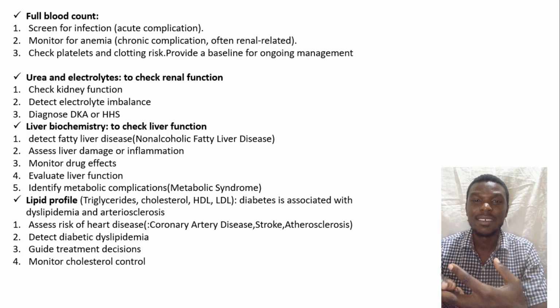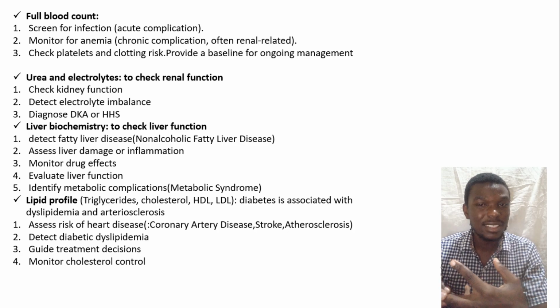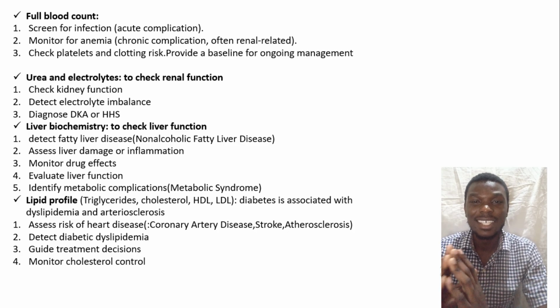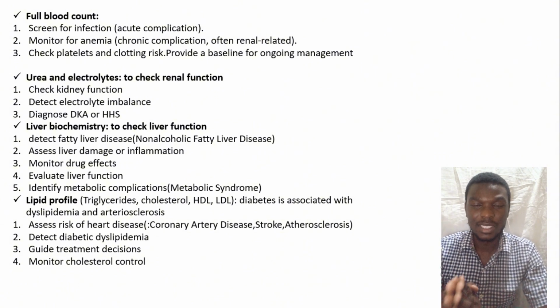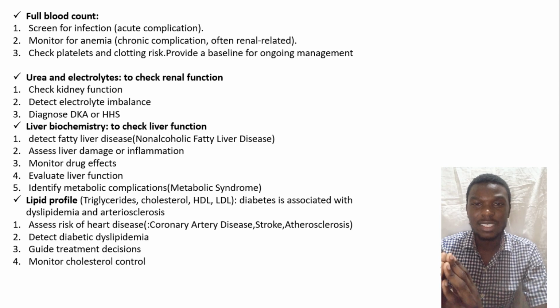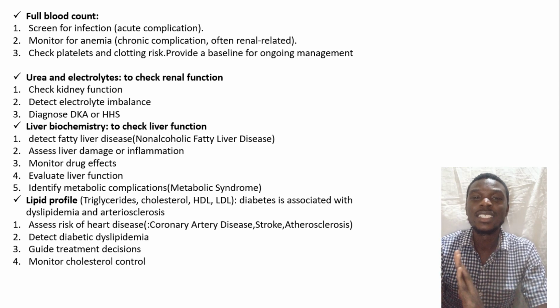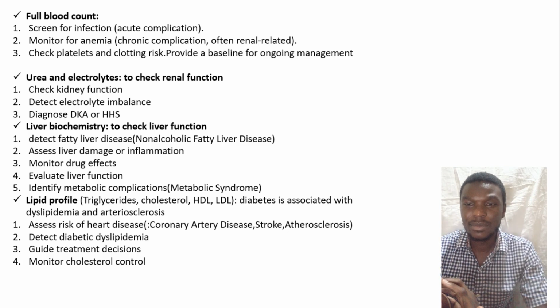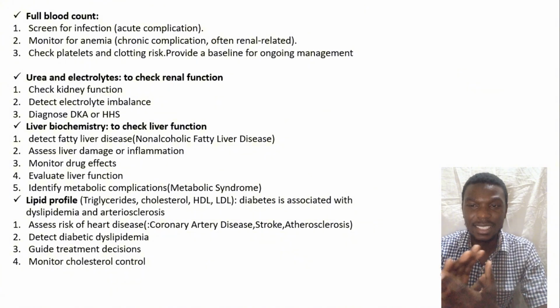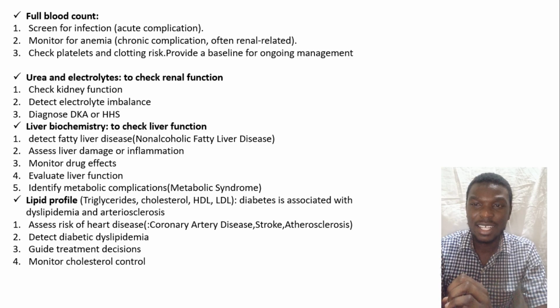Remember, we said that fatty acids or fats can affect the response of cells to insulin. This is why obese patients tend to have type 2 diabetes. So this is why you're checking this lipid profile. So you want to just check their fats in general, and also try to assess risk of heart disease. So this is why you're doing other investigations. These are the investigations that we're talking about.